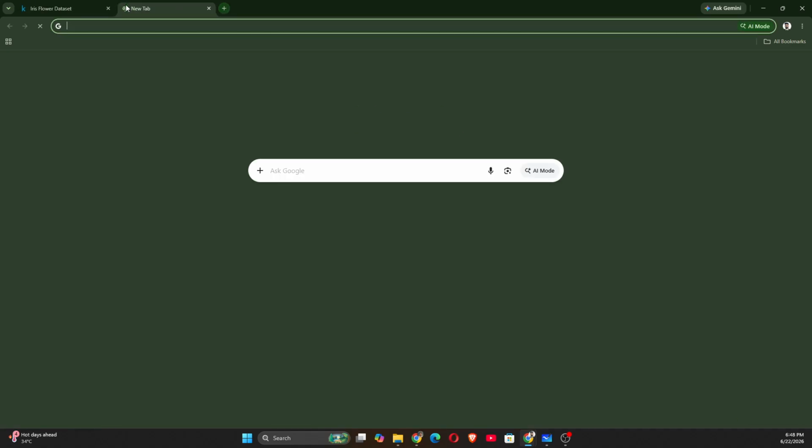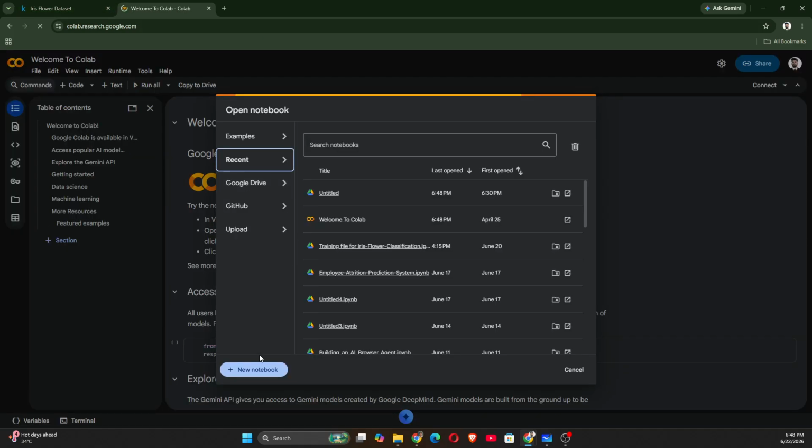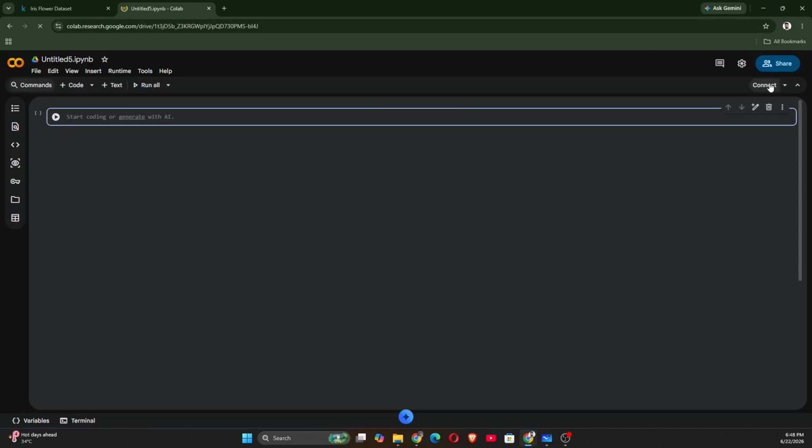Let me do it again. Google Colab. New notebook I am taking. I would be connecting, and until then I would be writing the name of the project, which is iris flower classification.